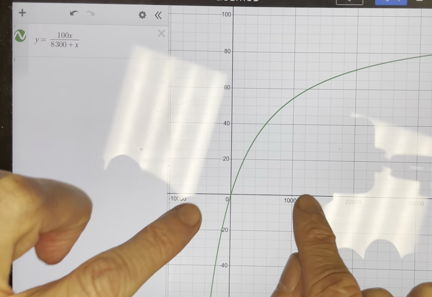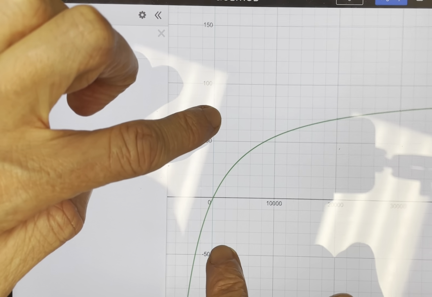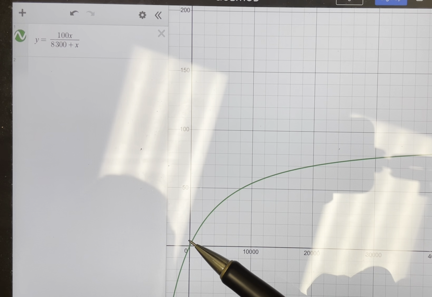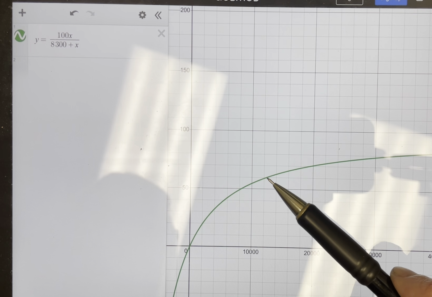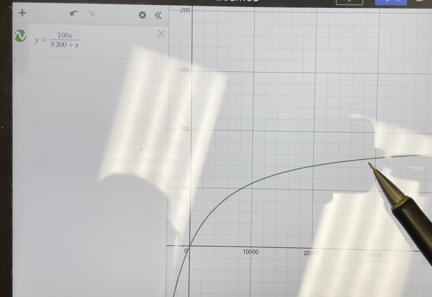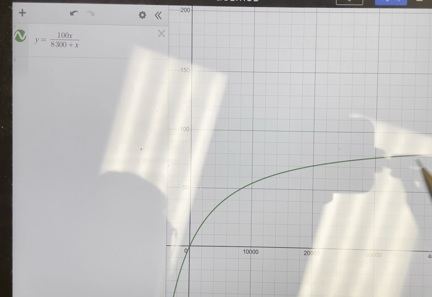Now notice, as I spend money, the percent I remove goes up pretty quickly, and then it continues to rise, but it's not rising quite so fast as we spend money. So let's see what else that might mean for this problem as we answer a couple more questions.